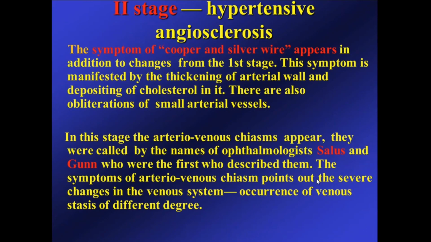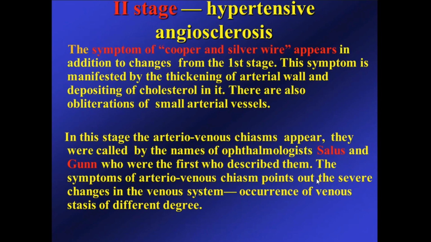In this stage, the symptoms of Cooper and Silver wire appear in addition to changes from the first stage. The symptom is manifested by the thickening of the arterial wall and deposition of cholesterol in it. There is also obliteration of small arterial vessels.